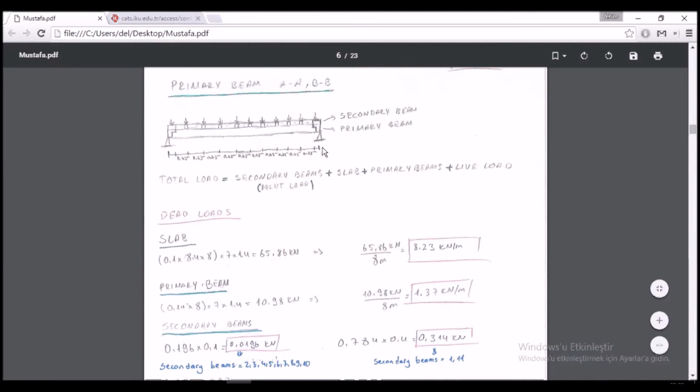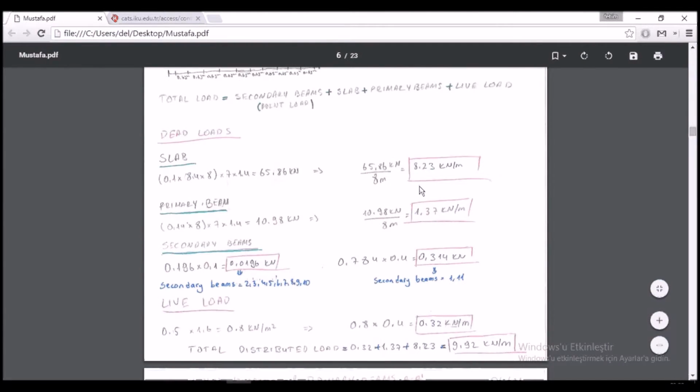Here you can see all loads on our primary beams AA and BB. We have our secondary beams as point loads. We have our slab's self-load, our primary beam self-load, and live load. We calculated all of our loads, but this time not all of them are distributed.